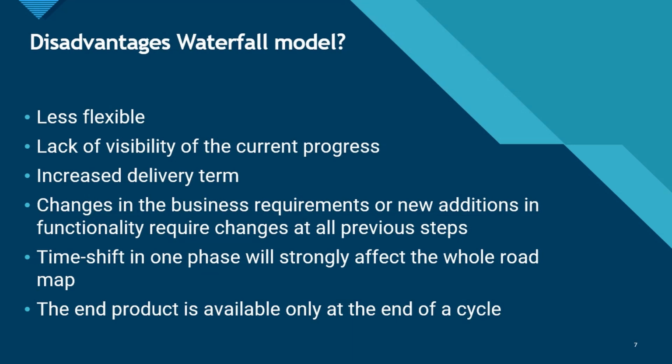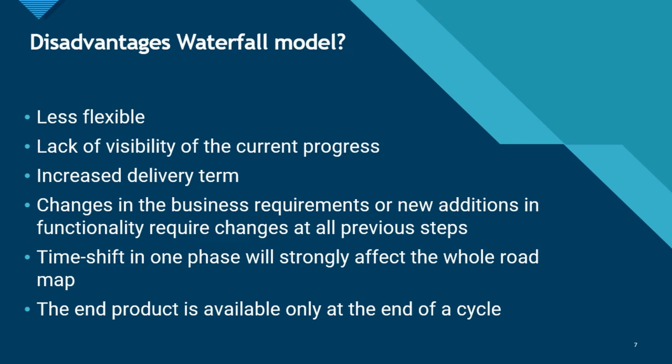This is the same thing, because we are following the top-to-bottom waterfall model. We have to wait until everything ends, then we will get our final product. We cannot see any prototype or how things are going, and at the end of development we see what we get and can judge whether it's 100% our expectation or not. So these are the disadvantages of the waterfall model.